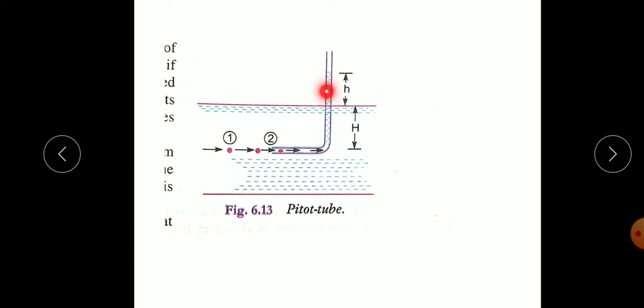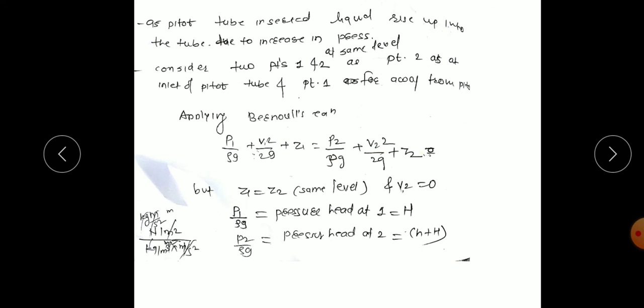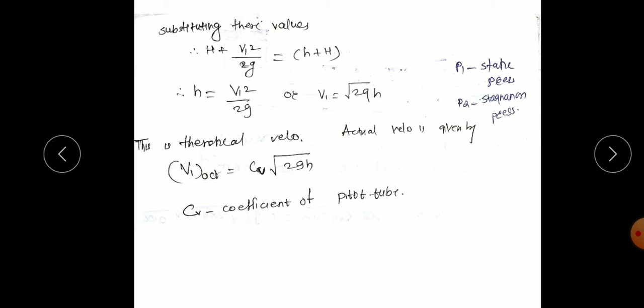In the pitot tube, we can measure how much the fluid will rise, or using U-tube manometers at points 1 and 2, we can find the head difference. So velocity is under root of 2gh. So the pitot tube measures the velocity by measuring the head difference as square root of 2gh. So for the actual velocity, we know there is friction in the fluid.